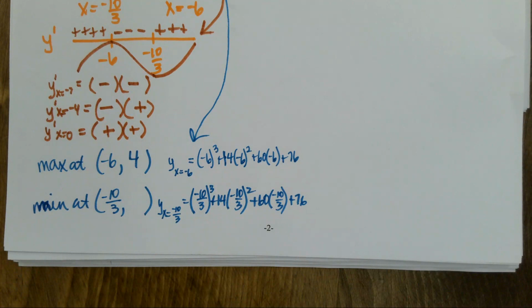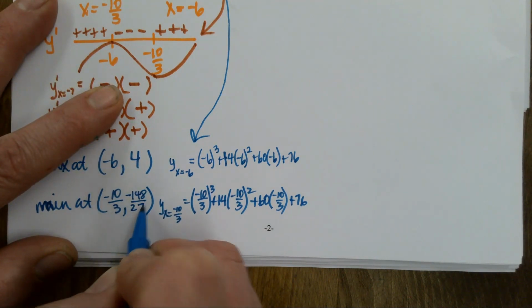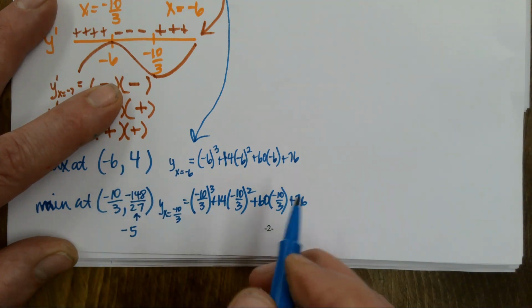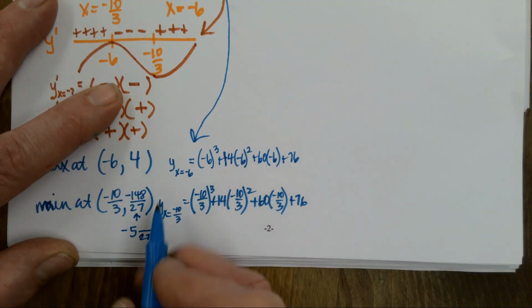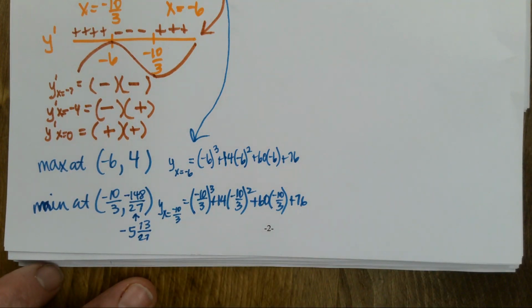Okay? -148 over 27, which is exactly -5 and something. You could get it in many different forms. You might have even gotten -5 point something, depending on how you plug it in your calculator. So you could have any variation of that. I don't care if you put decimals down.